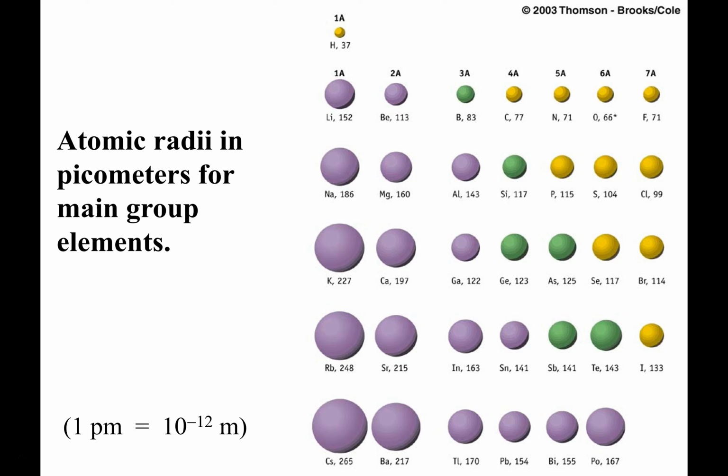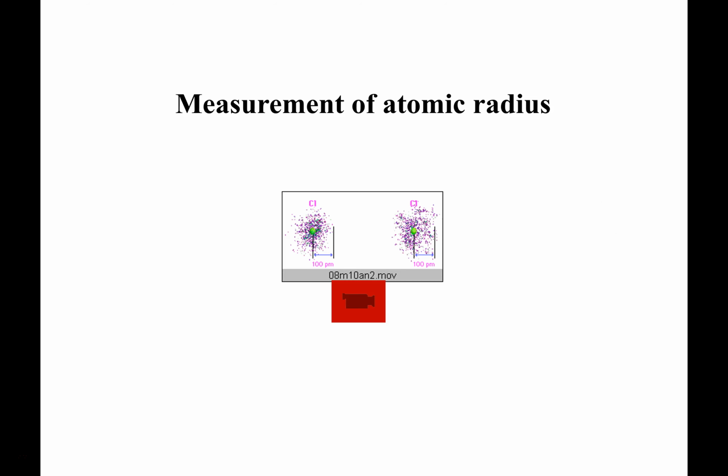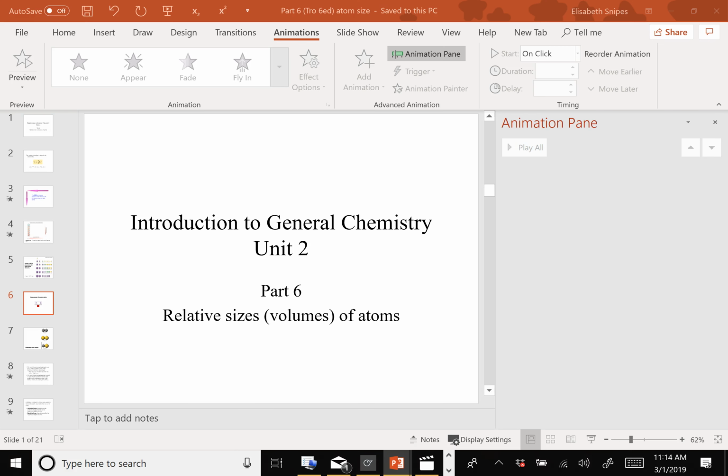This is showing you again the group A elements, and the number there is actually the radius of a neutral atom of that element, and the units are picometers, and pico is 10 to the negative 12. I do have this video. It's not a great video as videos go, but it's not bad.